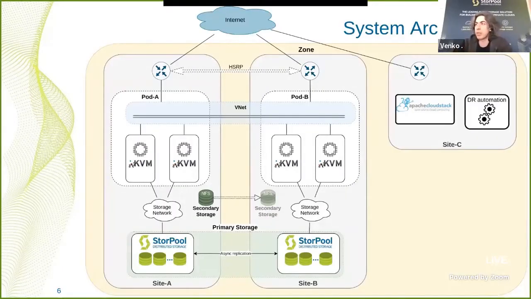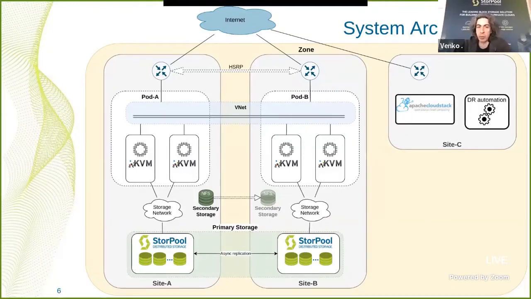And let's now see what we built together with Quadris. We built this multi-site cloud with the DR functionality. So as Peter already said, the cloud has 3 sites. One is the main site where the main workload is running.